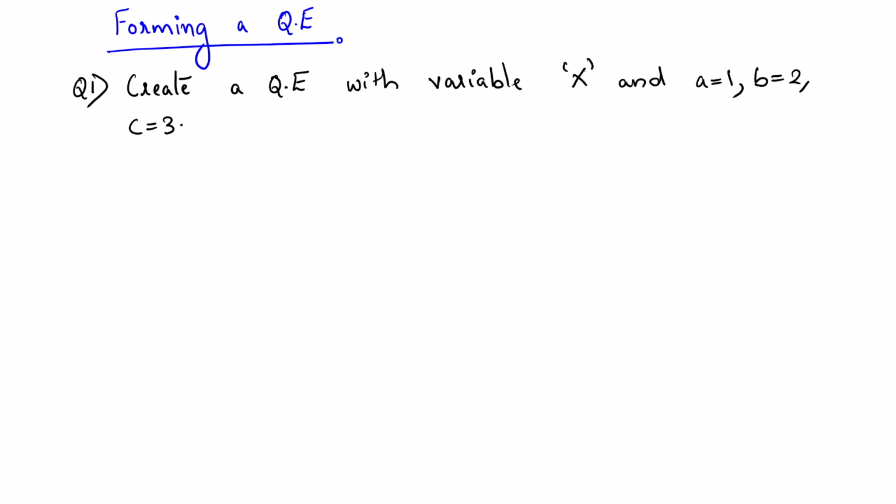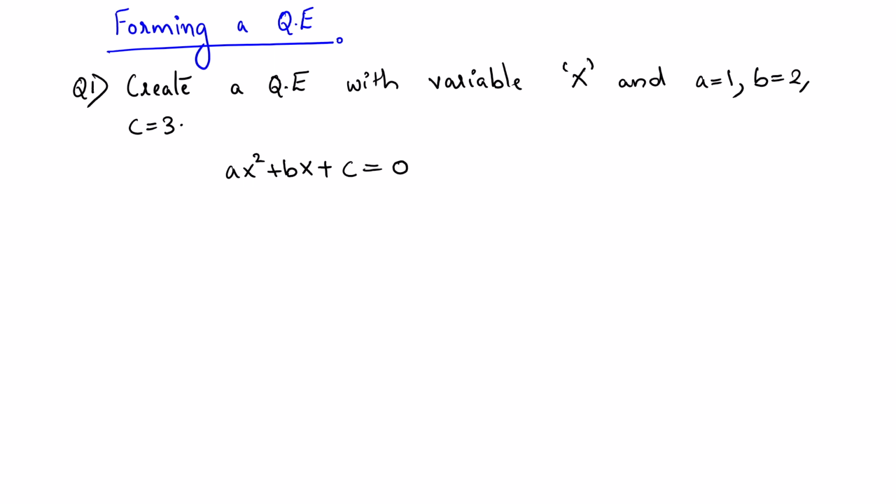So the question is, you have to create a quadratic equation with variable x and the values of a is 1, b is 2 and c is 3. So first you have to write what you know, right? What you know is the general form of a quadratic equation, which is ax square plus bx plus c equal to 0. Here the variable that we should write is x, which is same as the general equation.